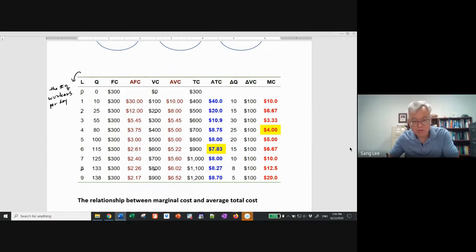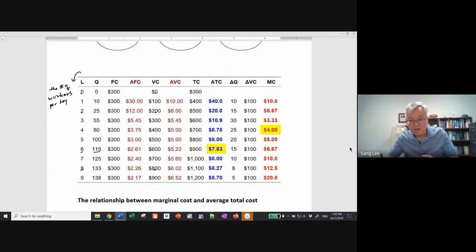And the average total cost is at the bottom, the lowest, when you produce 115 units with 6 workers. But if you produce more than 115 units by hiring more workers, then what? Now, average total cost starts rising again. U shape, okay?